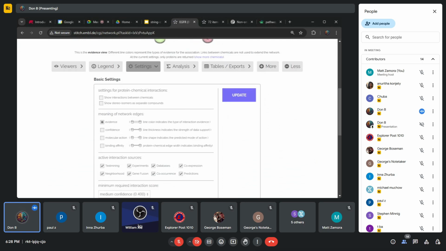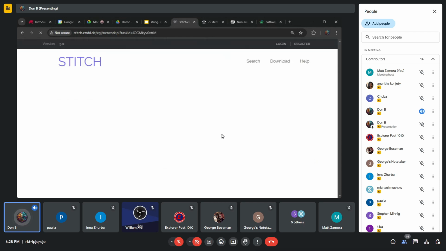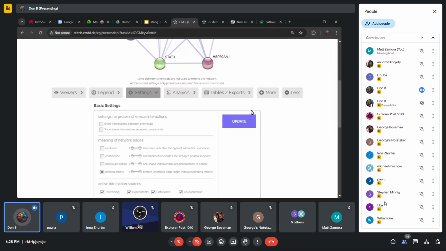So it's like the type of interaction evidence: what are the types of interactions that were captured from various sources, both data and research, in essence the vetted papers. But for the context of this, I'm just going to go to binding affinity.